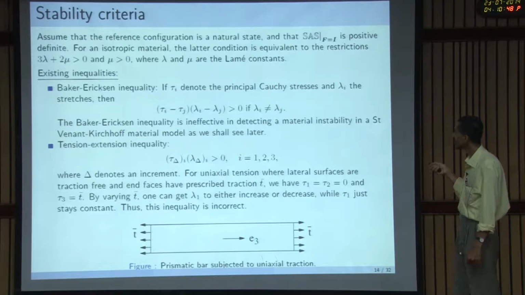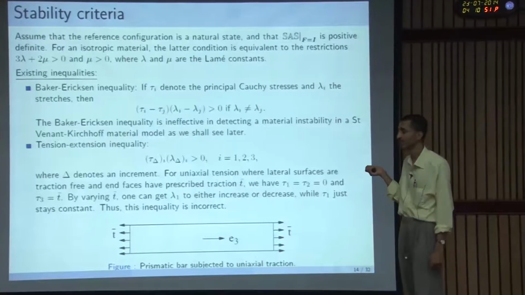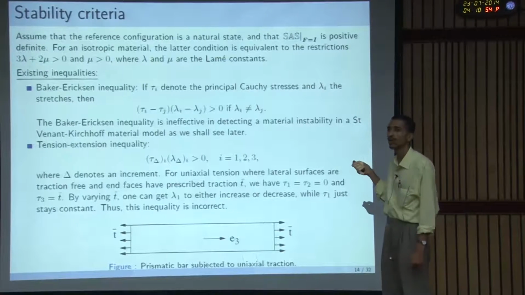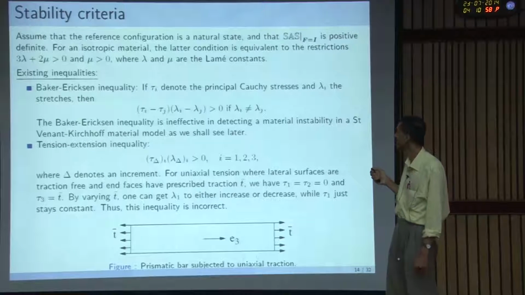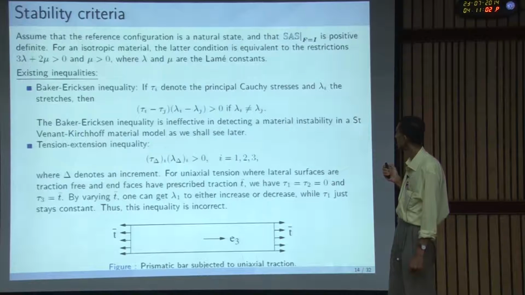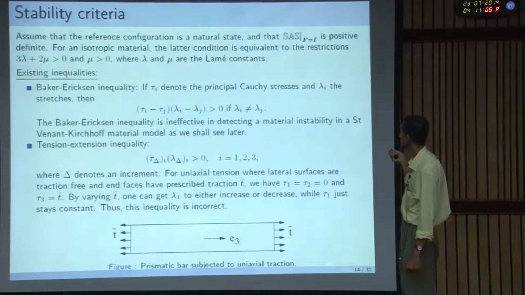Okay, so now we will take a look at what are the existing restrictions that are there in the literature, and then we will see what are the shortcomings that are present in these existing inequalities. And so we assume that the reference configuration is a natural state.